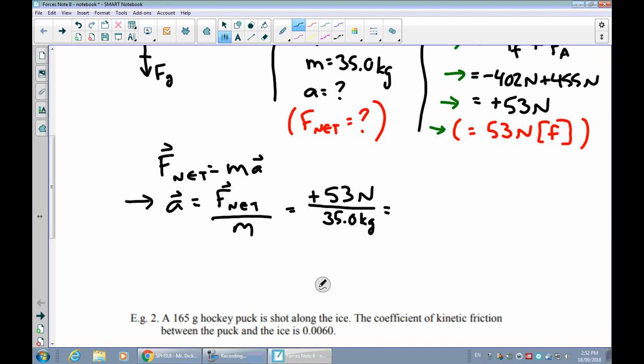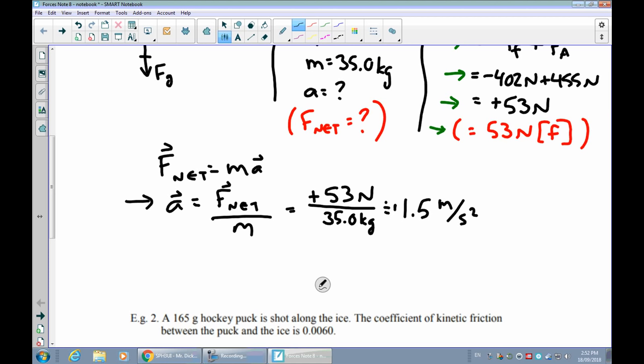So when we do that, 53 over 35, we get approximately 1.5 when we round to two significant digits. So we get 1.5, and in this case, remember, it's meters per second squared because it's an acceleration. And of course, in your notes, you should also include a therefore statement to say that therefore the box will accelerate at 1.5 meters per second squared.